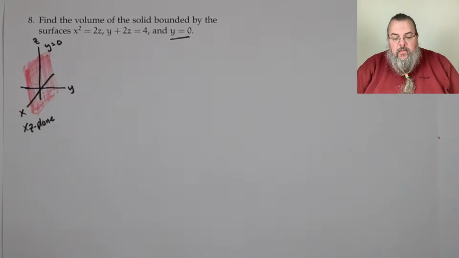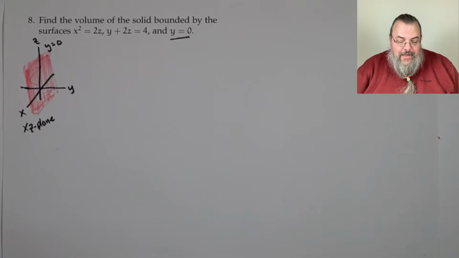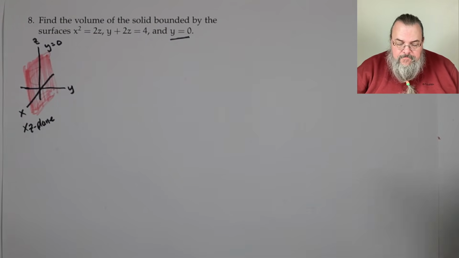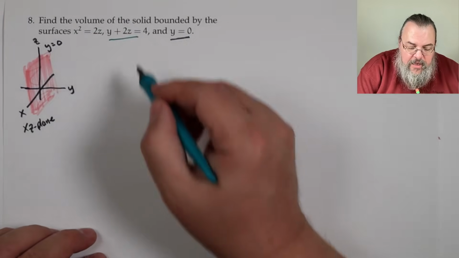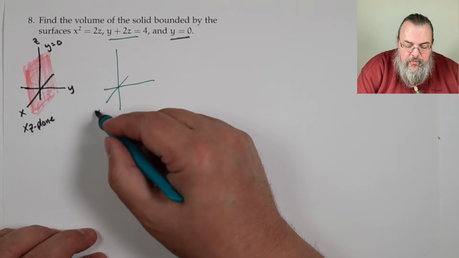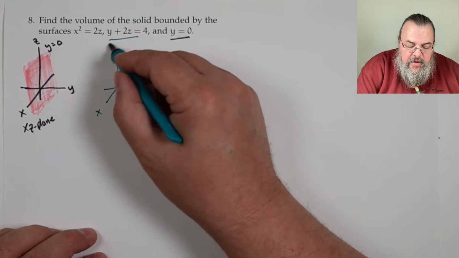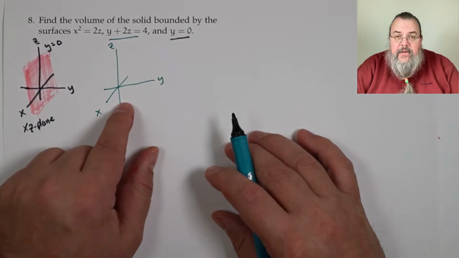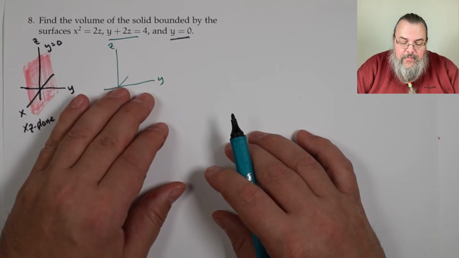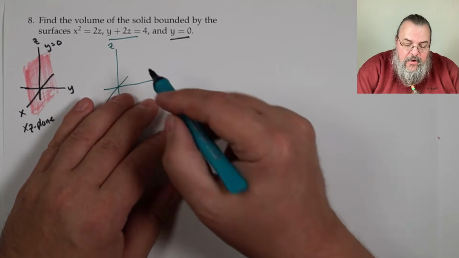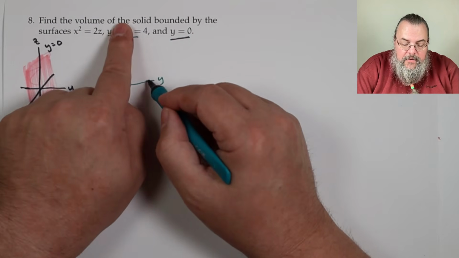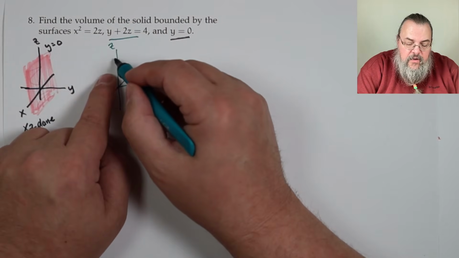All right. Well, let's try another one. Y plus 2z equals 4. Let's try to see what that would be. Again, we have our x, y, z. And you might say, well, wait a second, there's no x. That's okay. Start by drawing it in y and z. Y plus 2z equals 4. If it was just in the yz plane, it would hit y at 4, z at 2.